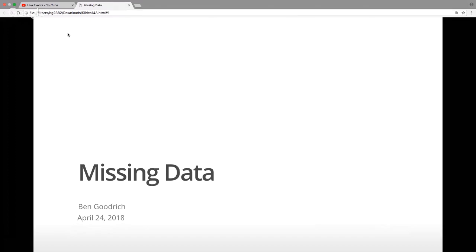So if you look at old WinBUGS code or whatever, you'll see y tilde normal(mu, tau) or whatever.